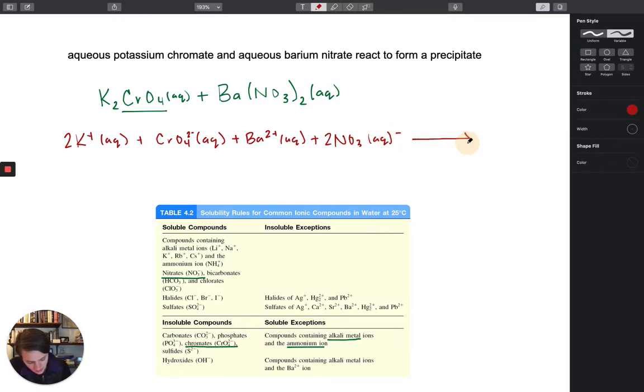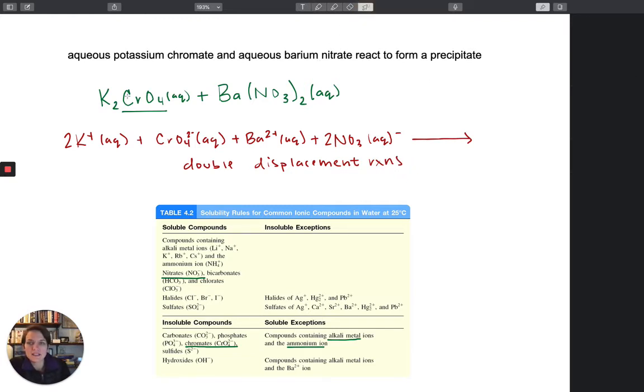Okay, so we know that a chemical reaction took place and that a solid formed. So the question is, what was that solid? The reactions you are expected to evaluate are always going to be double displacement. Okay, so what does that mean? Let's give ourselves a little bit of room.